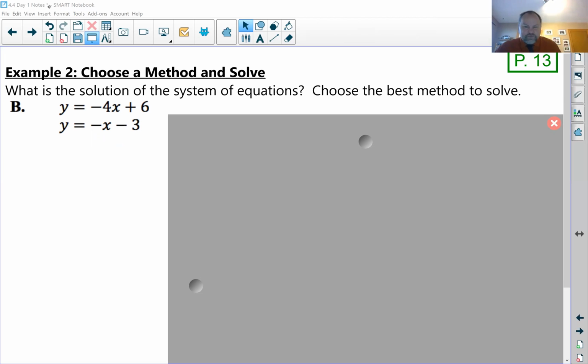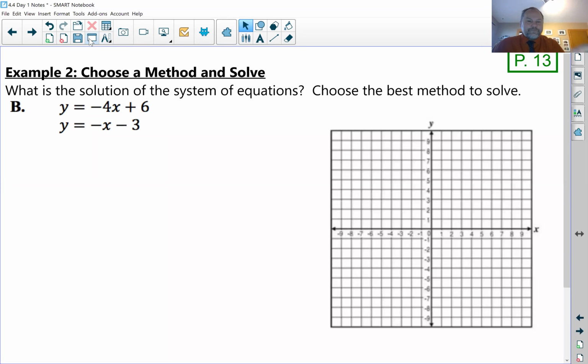All right, with 10 people voting, we have a majority, and the majority is for graphing. I would agree with that. They're both in that y equals form. So I would use graphing because they're both in the y equals form. This is actually one form that you could use any of the three.